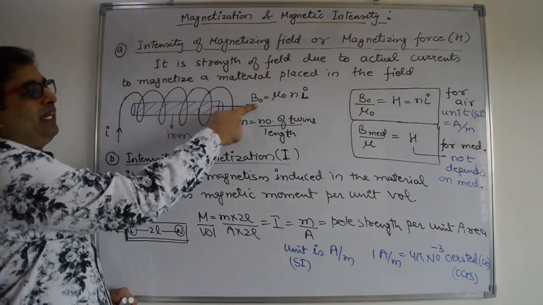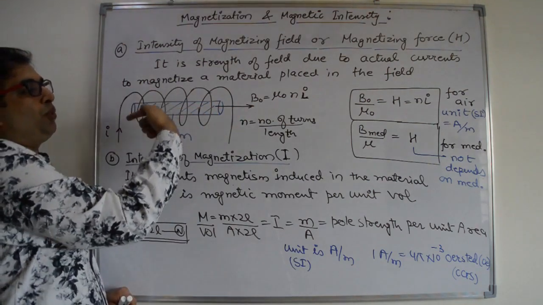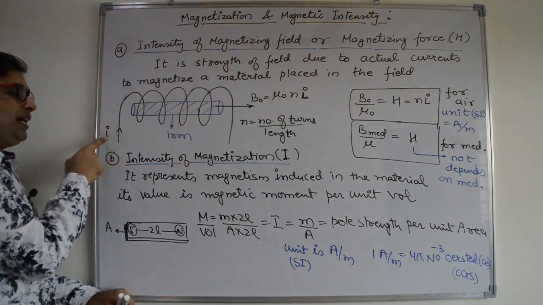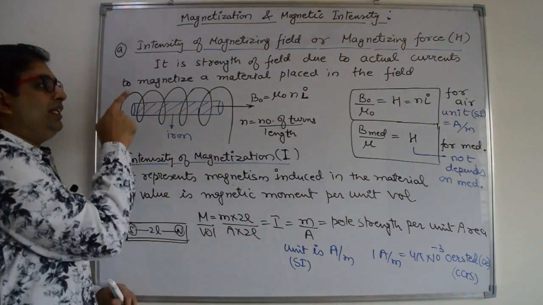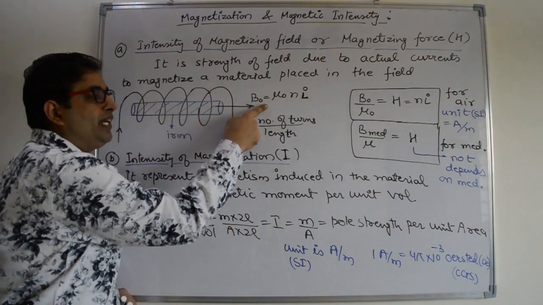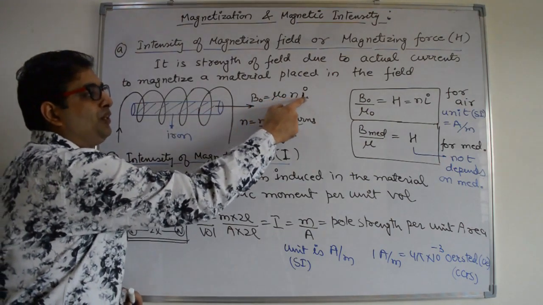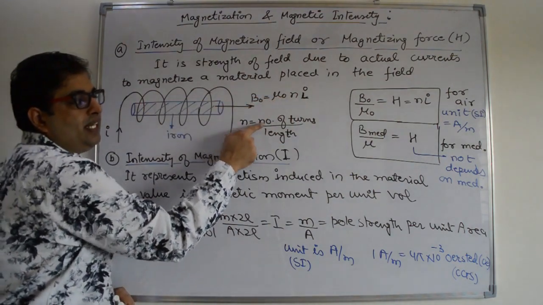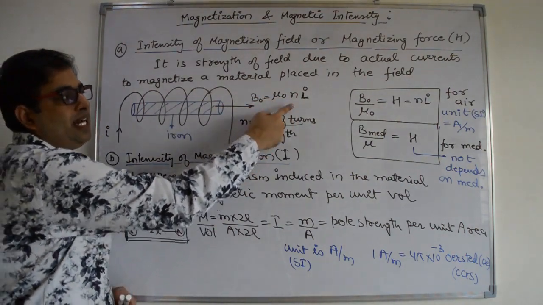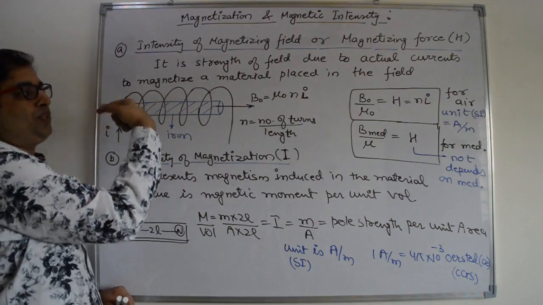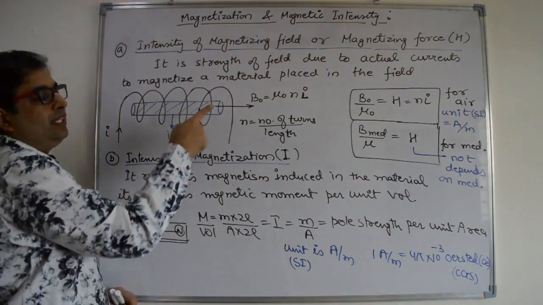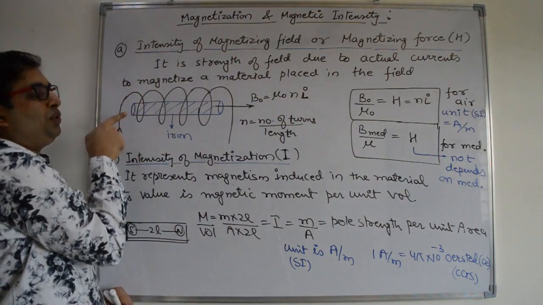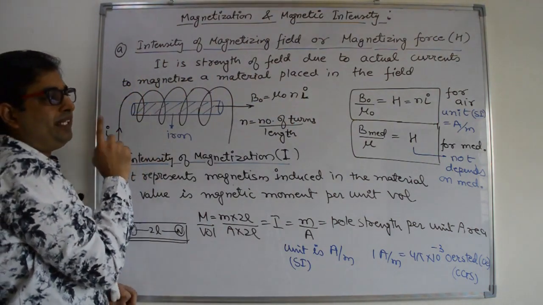This external magnetic field is the magnetic field produced by a solenoid. When we pass current I through the solenoid, it will create a magnetic field mu naught into N into I, right? N is the number of turns per unit length, and I is the current flowing through the solenoid. This external field is applied on the iron bar to magnetize it, right?